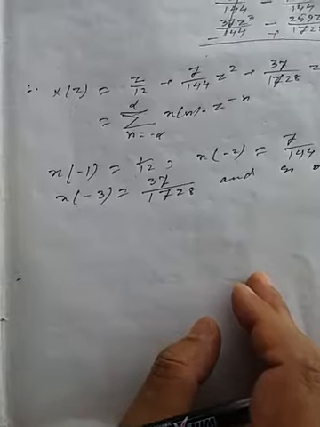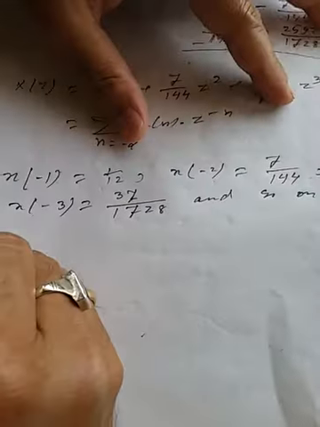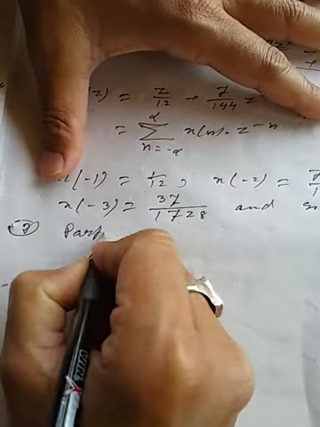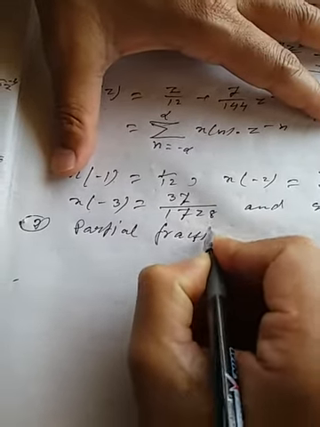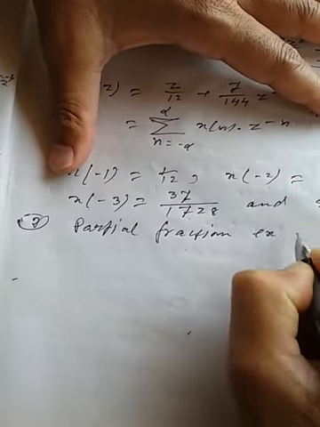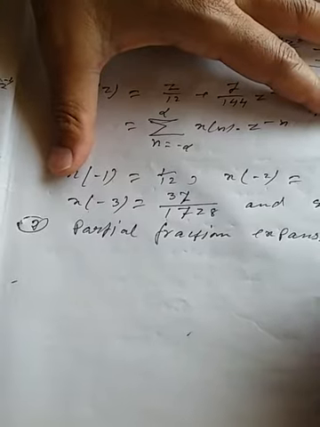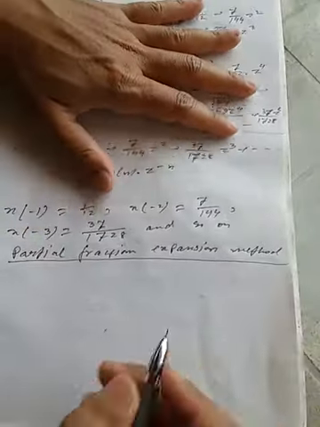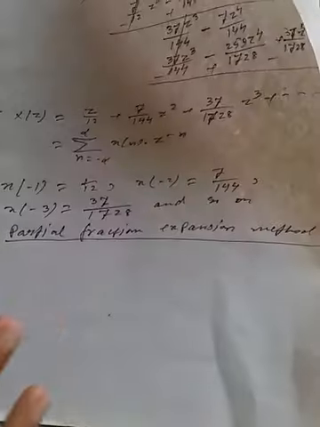Now the second process is partial fraction expansion method. So number 2 is partial fraction expansion method, right? So partial fraction expansion method, this is a very simple method, okay?